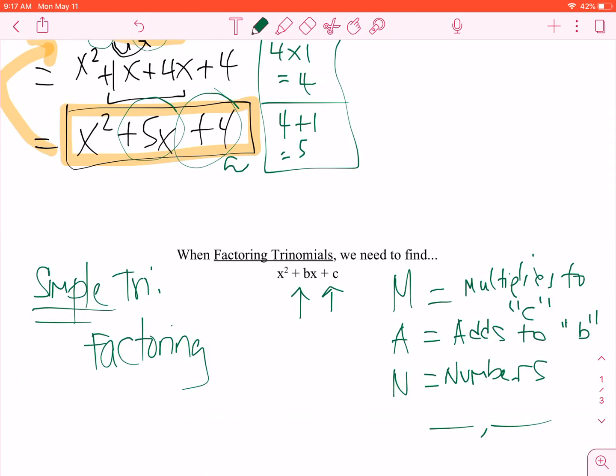Okay, and those two numbers have to be very exclusive in terms of your integers and have to make sure it satisfies they multiply to the C term, they add to the B value, and then stating those numbers will always follow this skeleton.